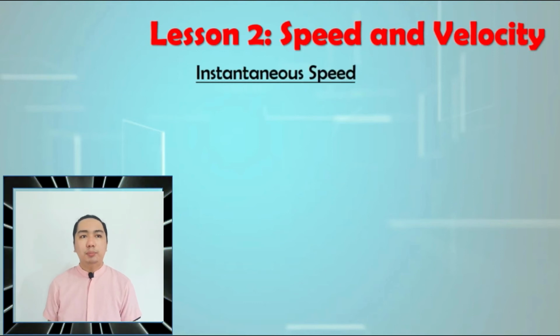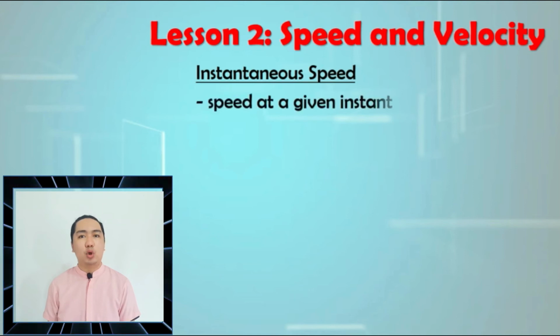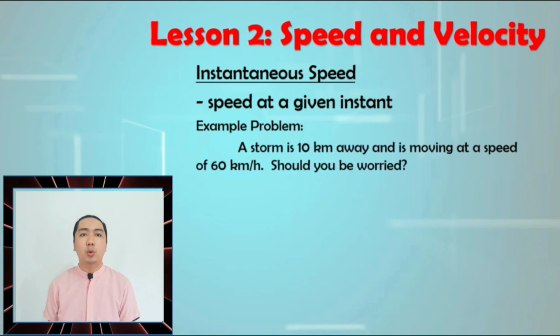Now, let's proceed to instantaneous speed. You know that an object does not travel or move at the same speed at all times. Now, let us take as an example a car you are riding on your way to school.